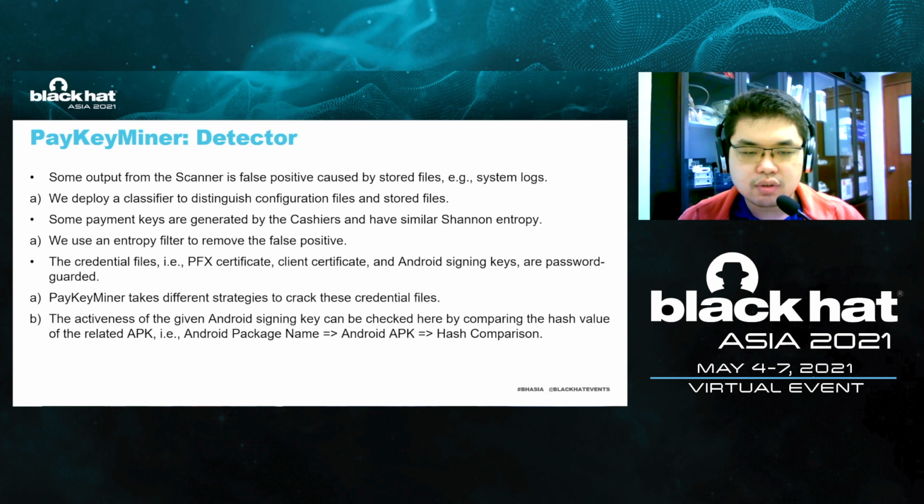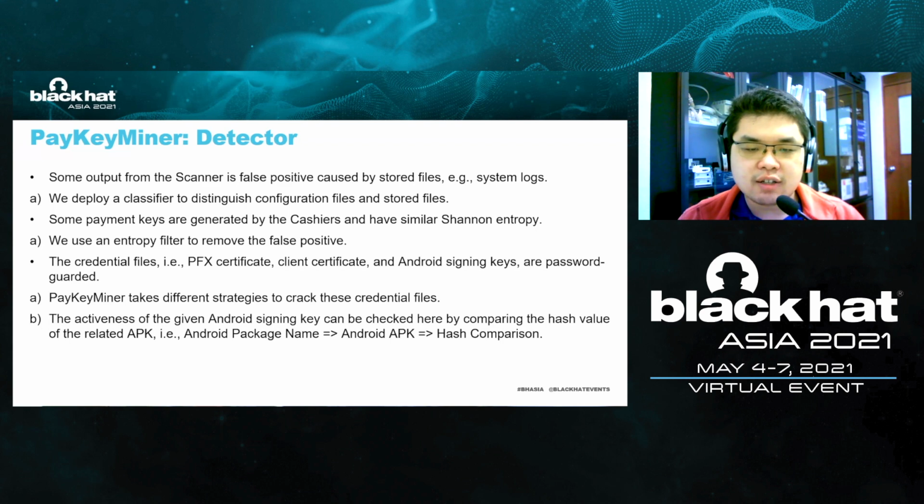In contrast, the password for the Android signing key is user-defined without any guideline, so the detector will go back to the original Git repository and try to unlock the Android signing key file with all the string values inside. Such an approach gives a success rate of over 60%.